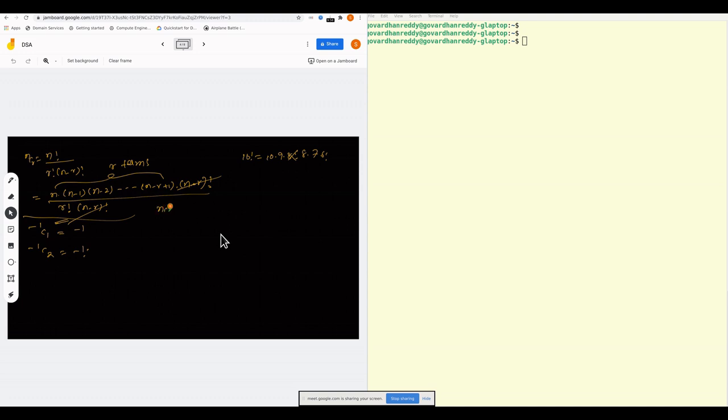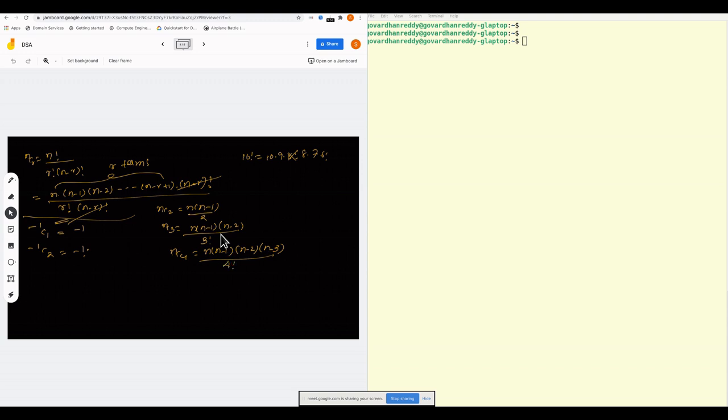Basically nC2 is n into n minus 1 by 2 factorial, and nC3 is equal to n into n minus 1 into n minus 2 by 3 factorial. Let's also take nC4, which is n into n minus 1 into n minus 2 into n minus 3 by 4 factorial.